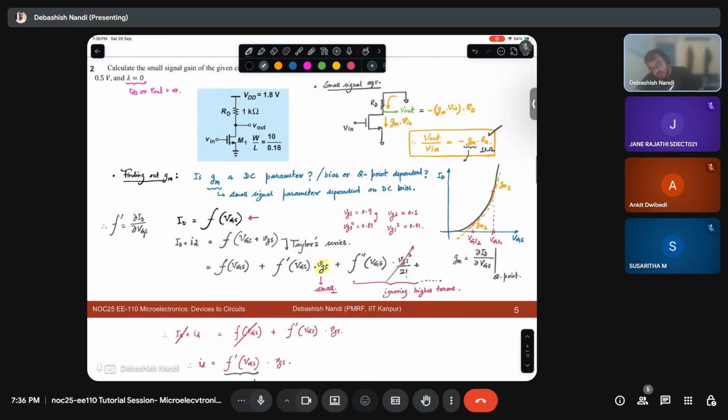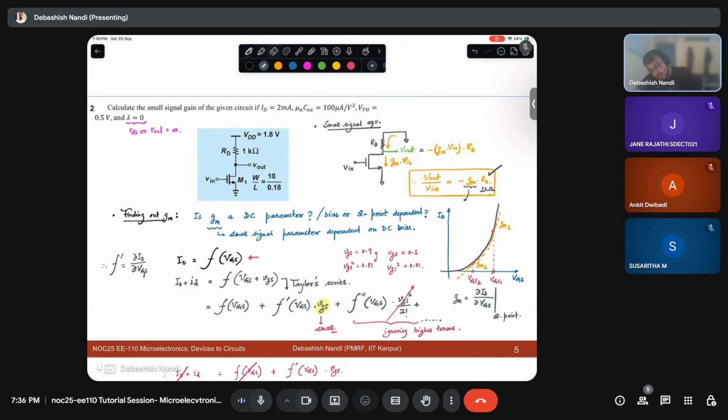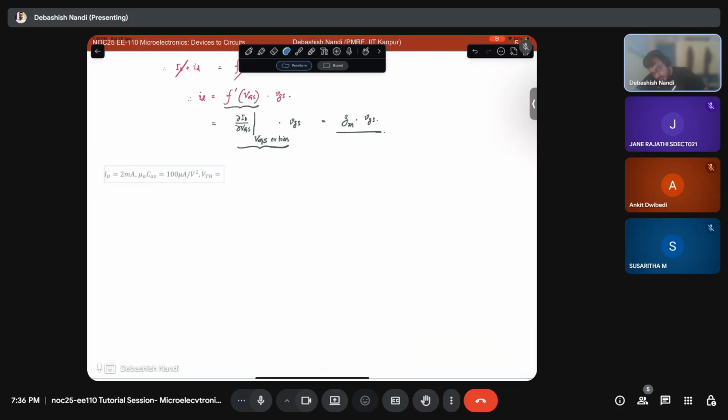So from this circuit, what is given? ID, let me just copy this. So this is 0.5 volt. What is your ID in saturation? Half mu n Cox W by L times VGS minus VTH whole square, times 1 plus lambda VDS; I am considering that as 1 because my lambda is 0.